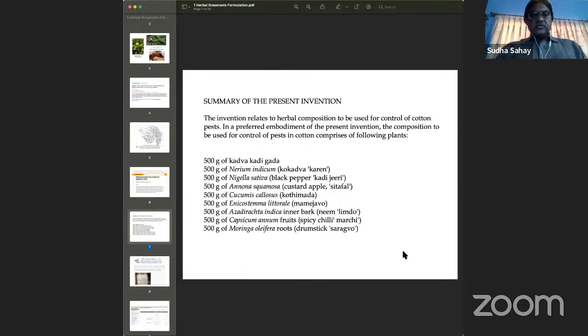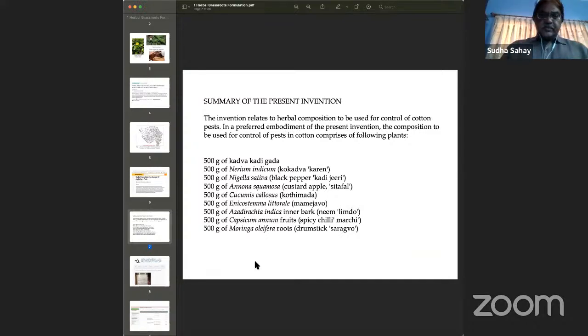You are looking at the names of the plants: Nerium, Nigella, Annona, Cucumis, Ancostema, Dedicta, in different concentrations. A formulation is made by grassroots people, and after validation, we found a positive result. Then we filed the patent and documented it, and this is the information on the patent of that particular practice and its formulation.